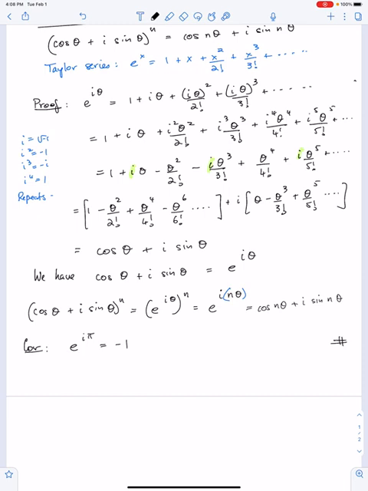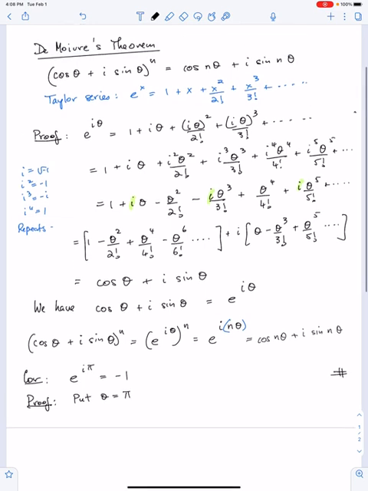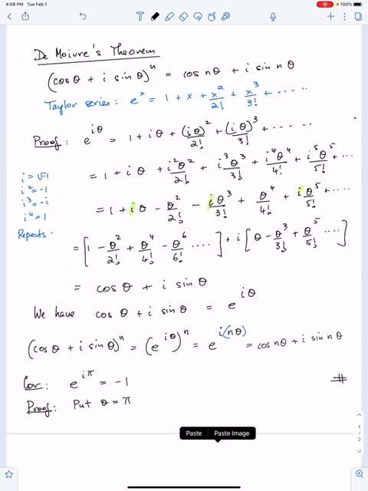Well, put theta equals pi in de Moivre's result, and we get e to the i pi is equal to cosine n pi plus i sine n pi, right?